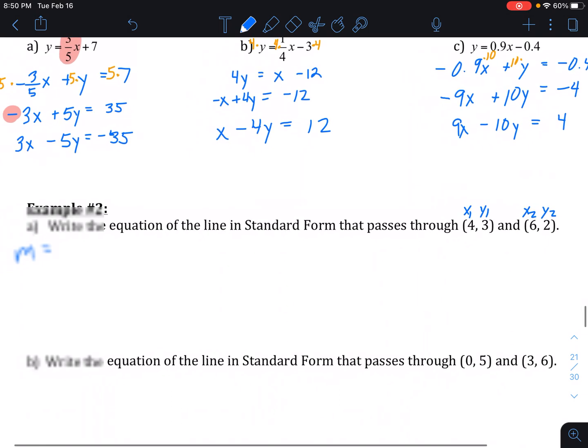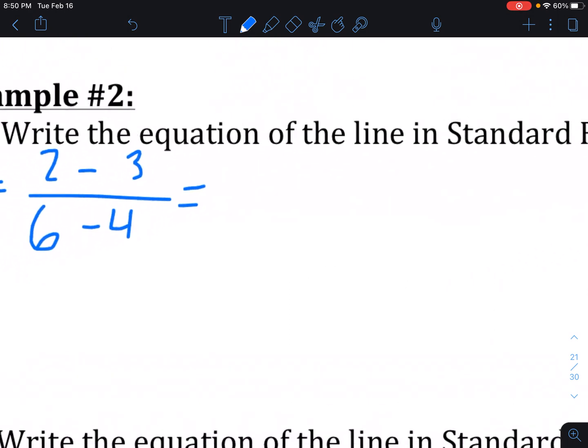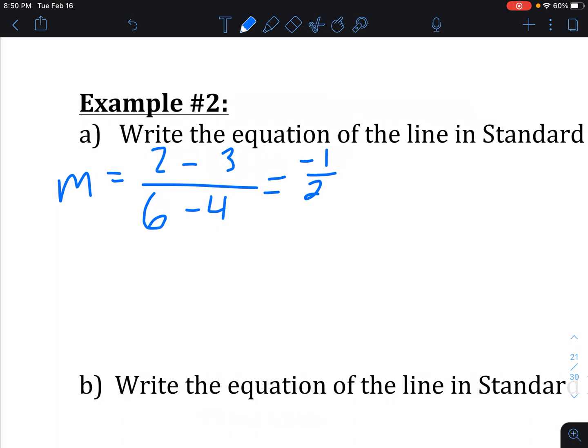So y2 minus y1 divided by x2 minus x1. So that'll be minus 1 over 2, negative 1/2. Okay, so next step, you want to use point slope formula.